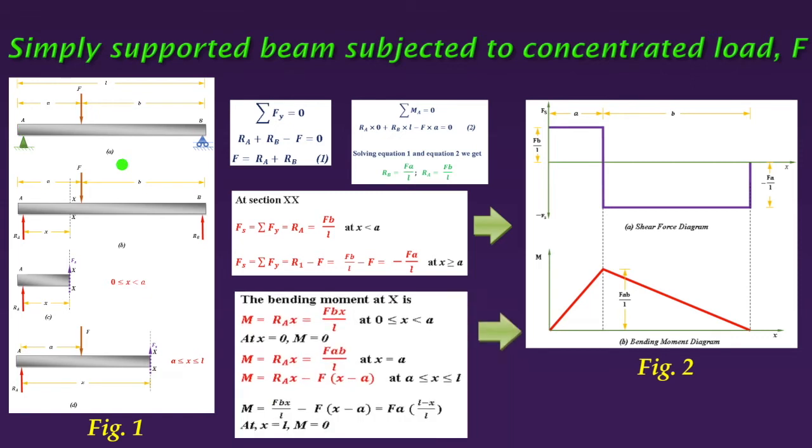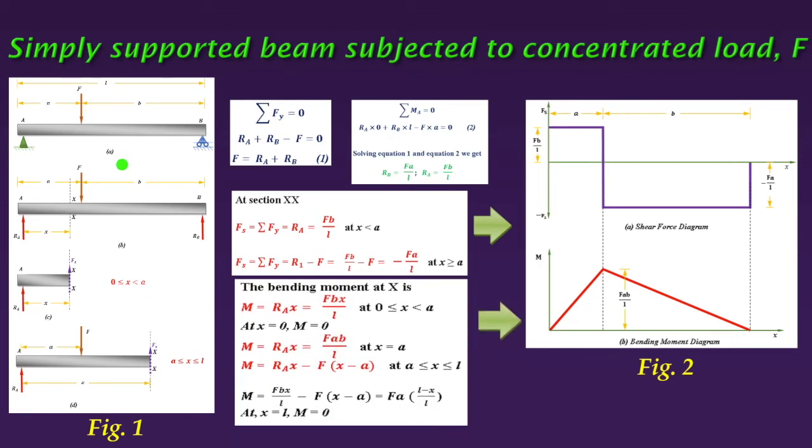Now, what is the bending moment? Again, for this section, the bending moment is Ra into distance x. So it's a linear function of x. Substituting the value of Ra, it is Fb x by L. So it's a function of x, and it is in between 0 and a, like the shear force.